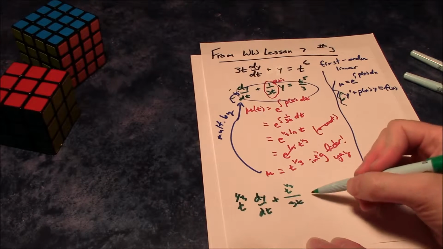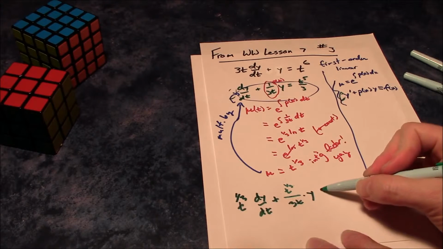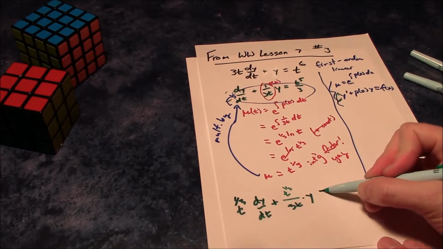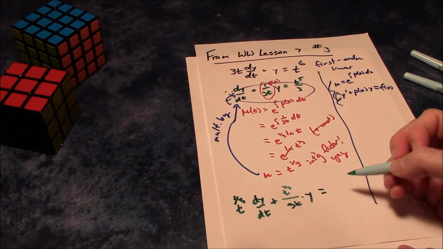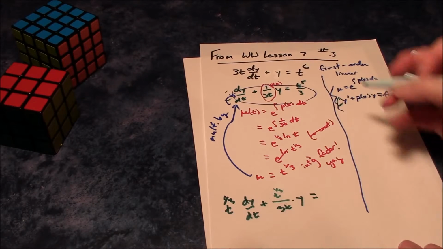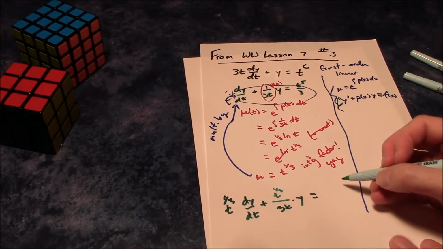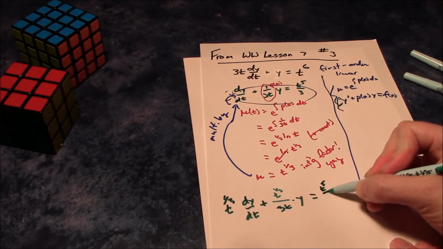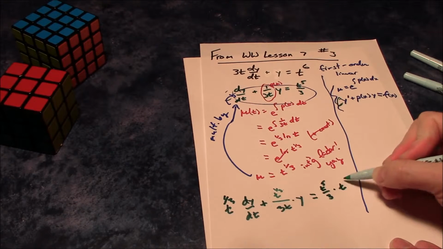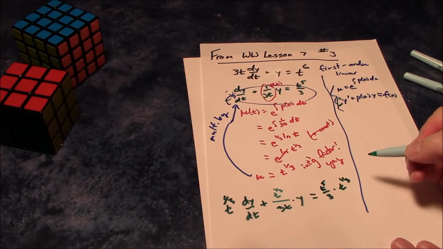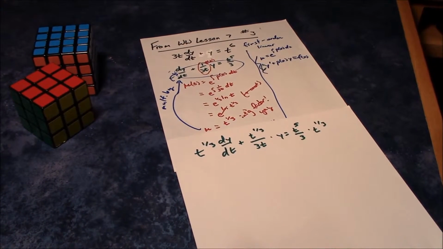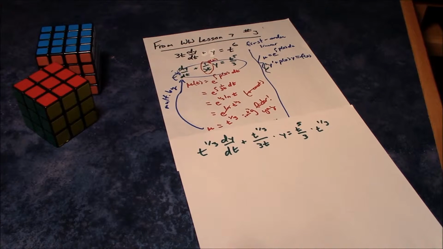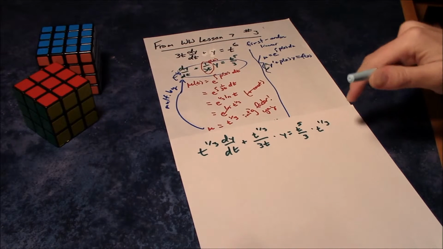We can do algebra to clean that up a little bit, times y equals this guy times t to the 1/3, t to the 5th over 3 times t to the 1/3. Sorry, I had to adjust a few things, but here we are.